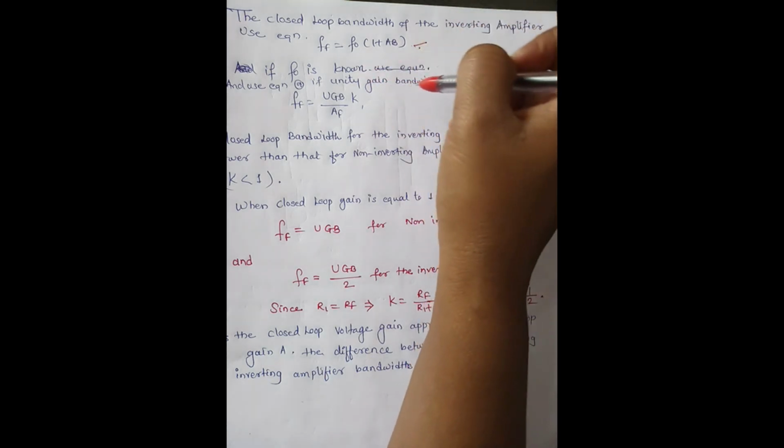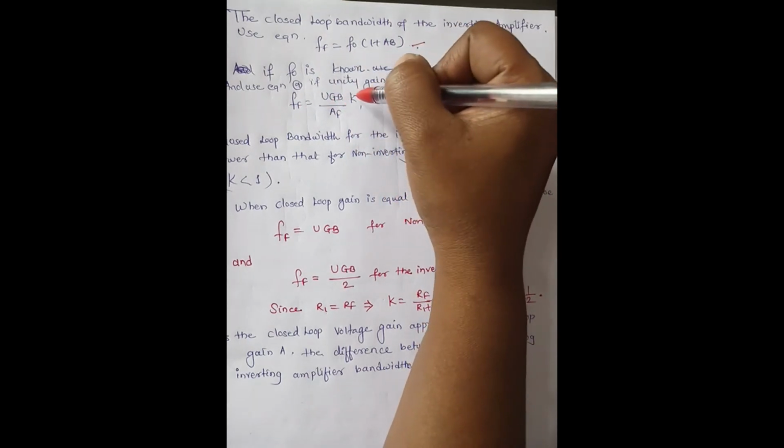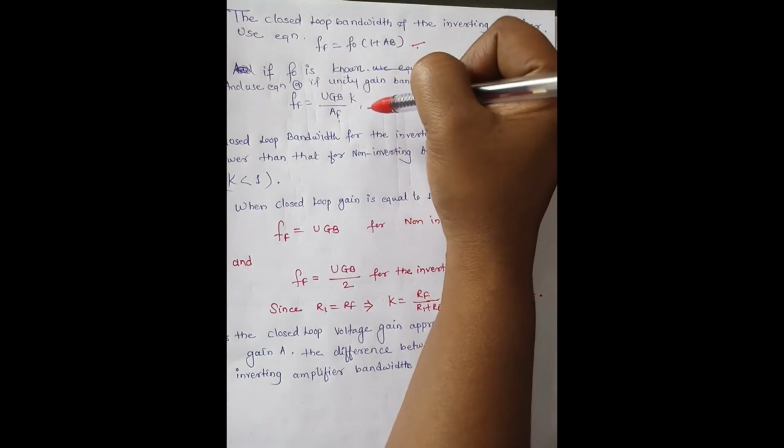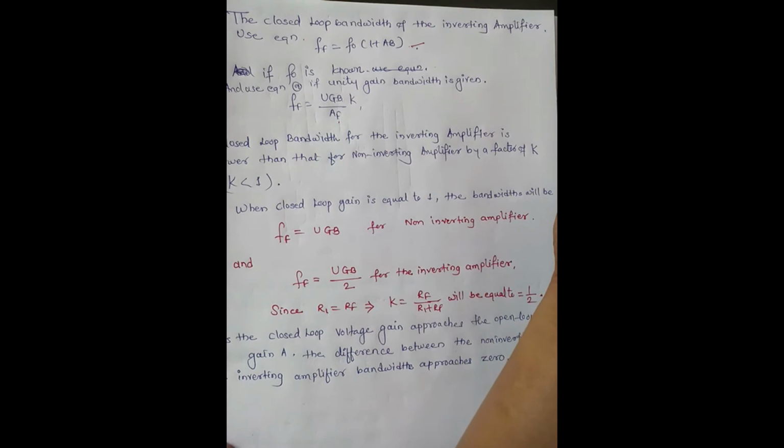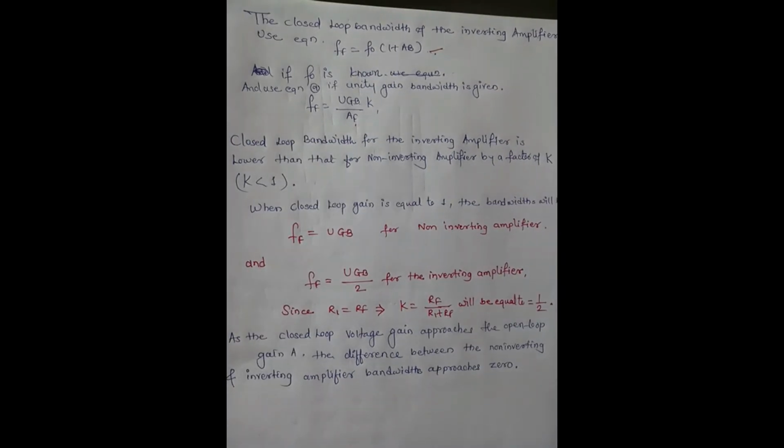And if we know the unity gain bandwidth, we can use the equation FF is equal to UGB into K by AF. The closed loop bandwidth for the inverting amplifier is lower than that of the non-inverting amplifier, by a factor of K, because K is less than 1.